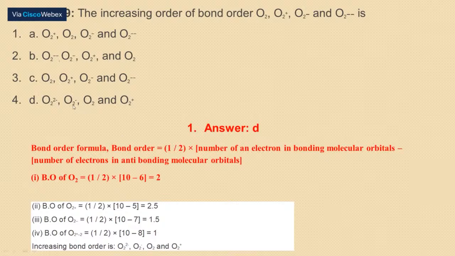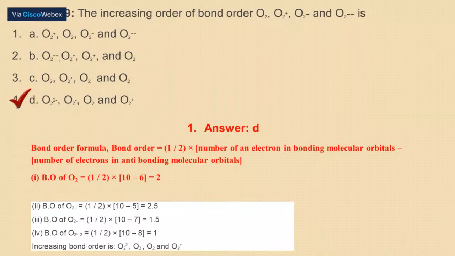Next comes O2 minus, with bond order 1.5. Next comes O2, with bond order 2, and the highest bond order is in O2 plus, which is 2.5. Thereby the correct option is D, where the species are arranged in increasing order of their bond order.